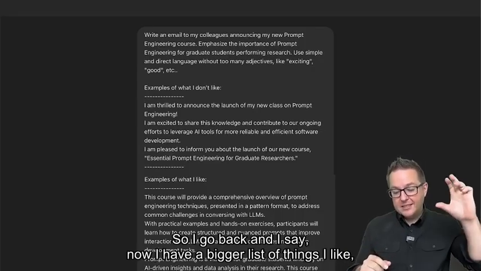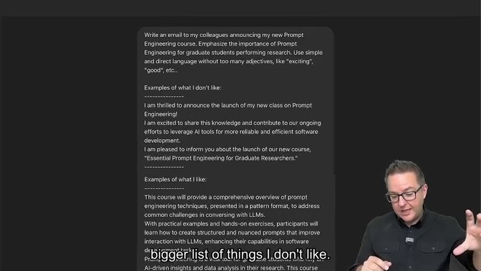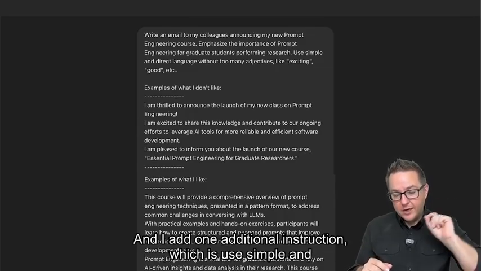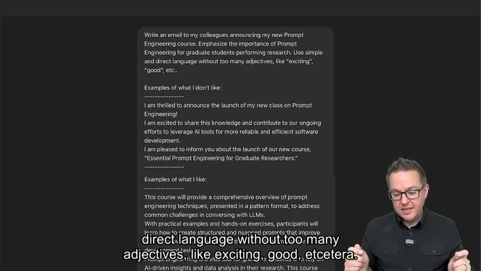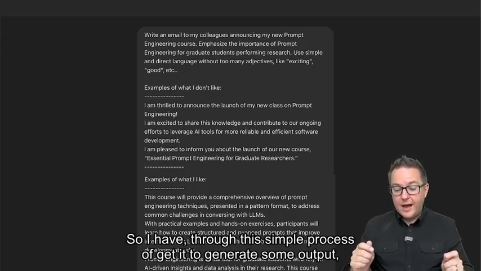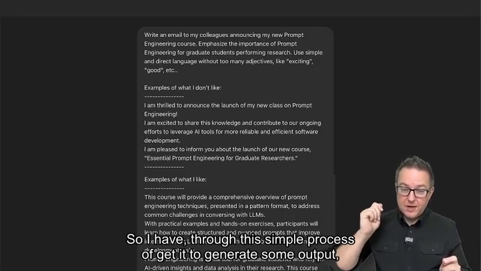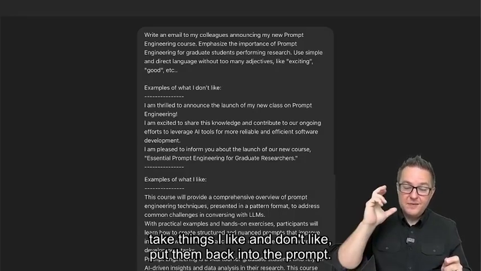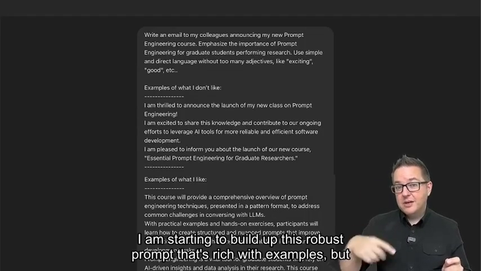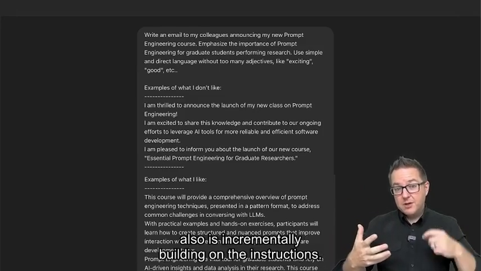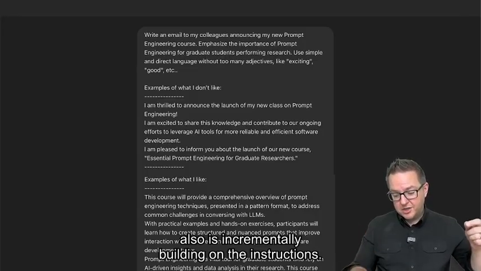So I go back, and now I have a bigger list of things I like, a bigger list of things I don't like, and I add one additional instruction, which is: use simple and direct language without too many adjectives like exciting, good, etc. So through this simple process of getting it to generate some output, taking things I like and don't like, and putting them back into the prompt, I am starting to build up a robust prompt that's rich with examples but also incrementally building on the instructions.